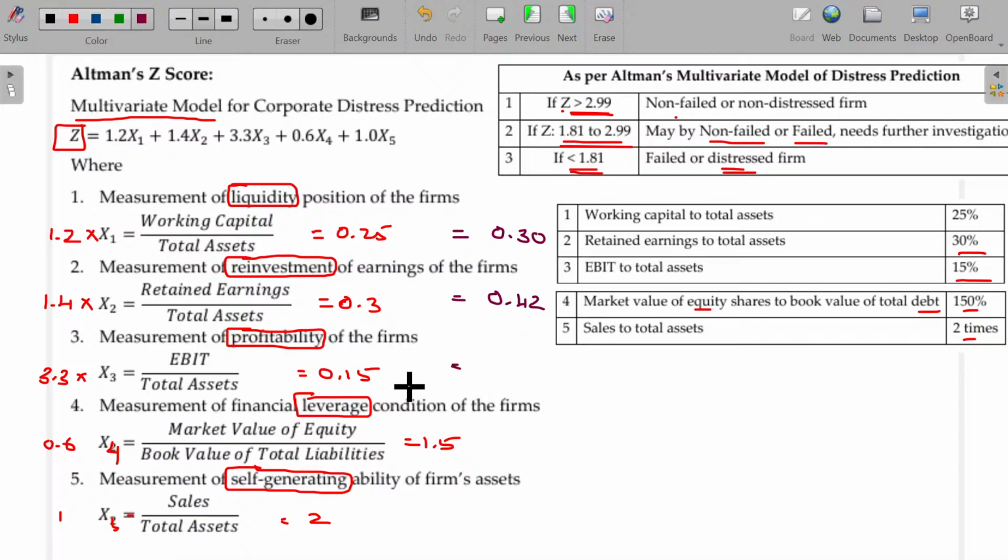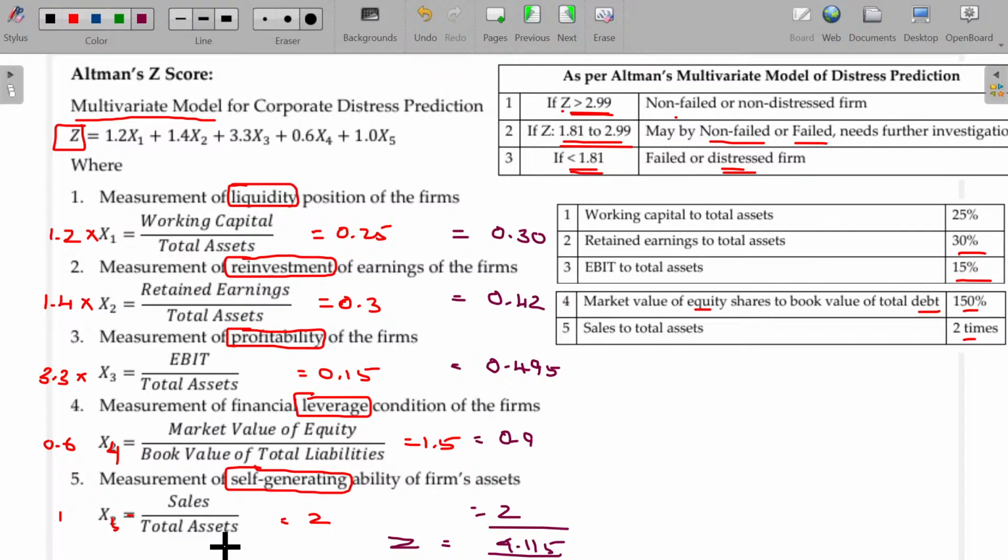And here 0.15 into 3.3, 0.495. 1.5 into 0.6, 0.9. 2 into 1 is 2. Taking the total of these values, we get 4.115. This is the Z value. The Z value in this case is 4.115.